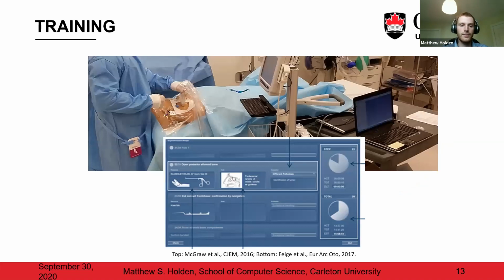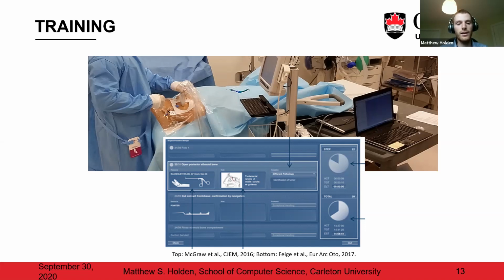The final example that I'll talk about is in computer-assisted training. And so in addition to using these methods and using this data to understand what's going on during a surgery, we can also use data to understand, likewise, what's going on during a simulated surgery in a simulation-based training situation. This way, based on the data we collect in a simulation setting, we can do things like provide real-time coaching, explaining to a trainee how to do the next step of an intervention.